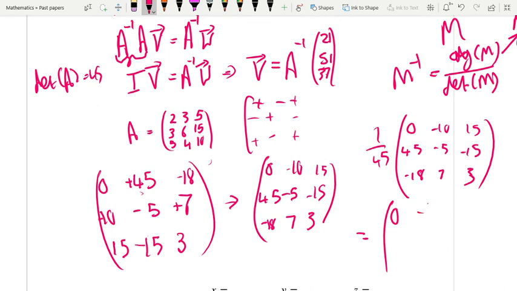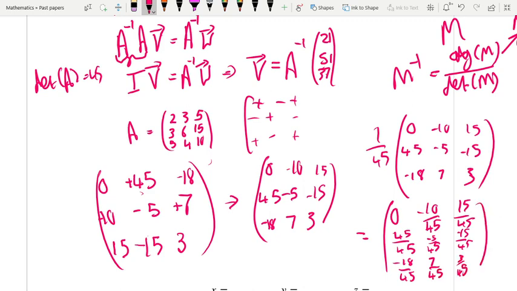I'm just going to leave it in 45ths because it makes it easy for me. 15 over 45, 45 over 45, minus 5 over 45, minus 15 over 45, minus 18 over 45, 7 over 45 and 3 over 45.